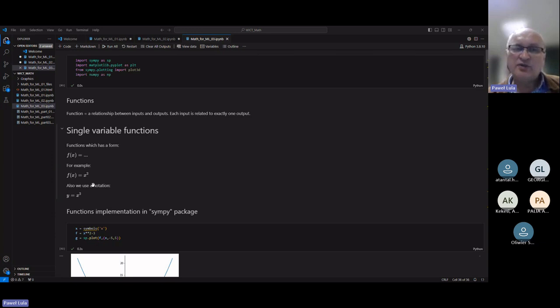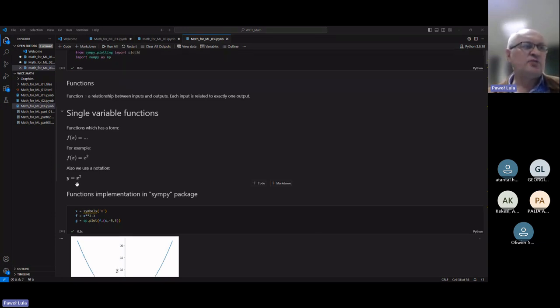And in this way, we calculate an output value. Very often, this output value is represented by the symbol y. So we can define functions of a single variable in this way, or in this way. I think that you know about all these issues because they are discussed in primary school.